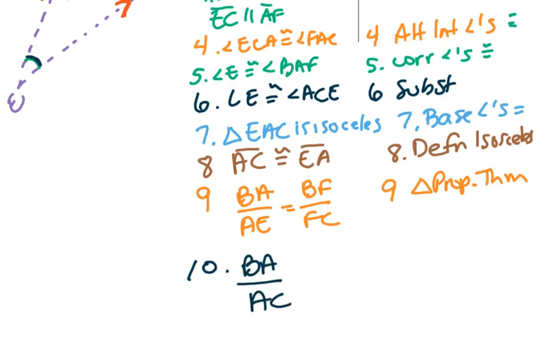Now stop and think, why can I say AC? Because instead of AE, I'm going to say AC because I already said that they're congruent to each other. So I'm just substituting something in, and then I leave the rest of my situation the same. And that's what I was trying to prove in the first place, so that's just substitution.